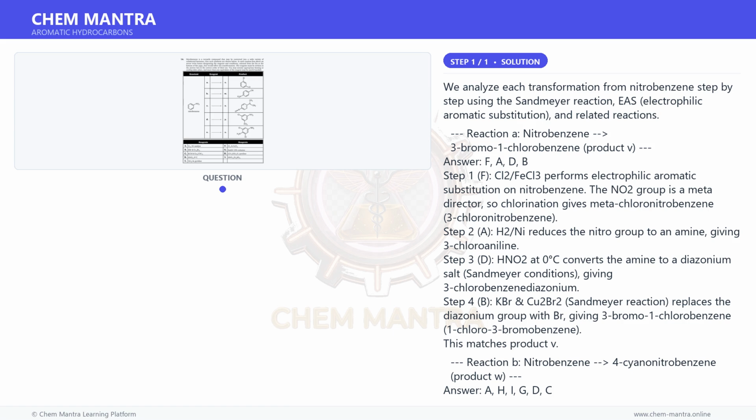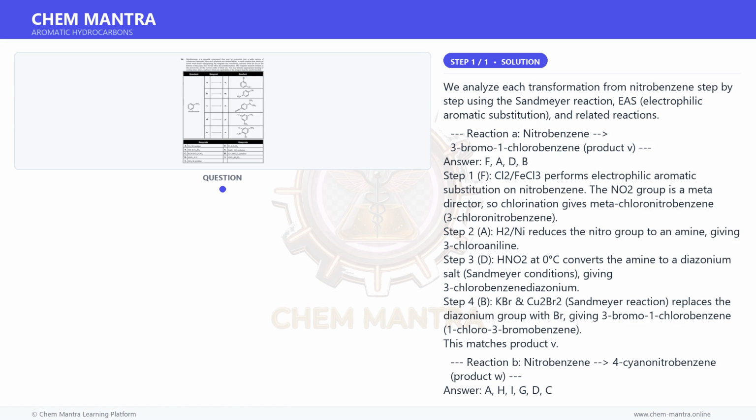Then I, HNO3/H2SO4: since both NO2 and Cl are present, Cl is an ortho-para director and NO2 is a meta-director. With Cl at 3, para to 3 is 6, ortho to 3 is 2 and 4, and meta to NO2 at 1 is 3, 5. The second nitration goes to position 5, giving 3-chloro-5-nitro.